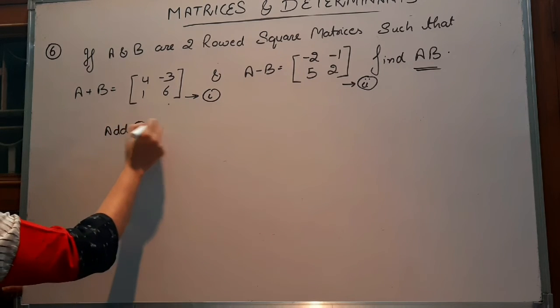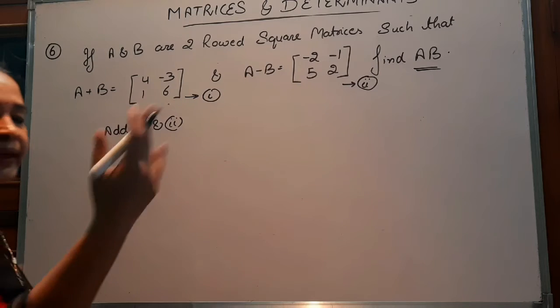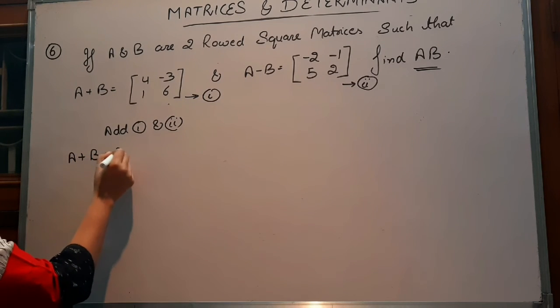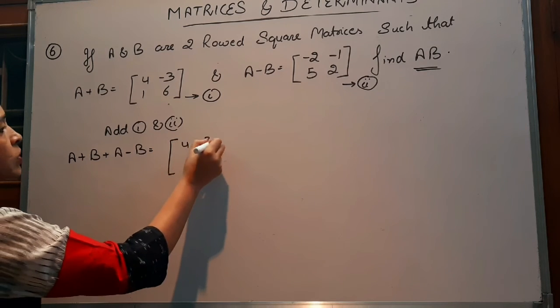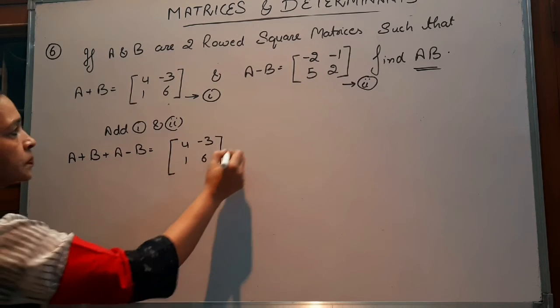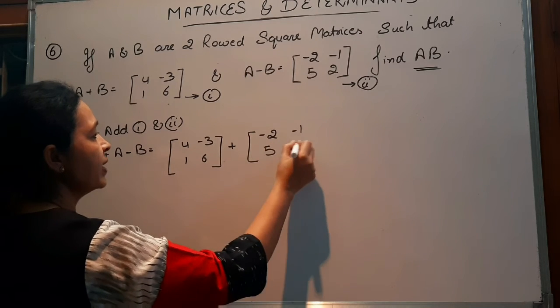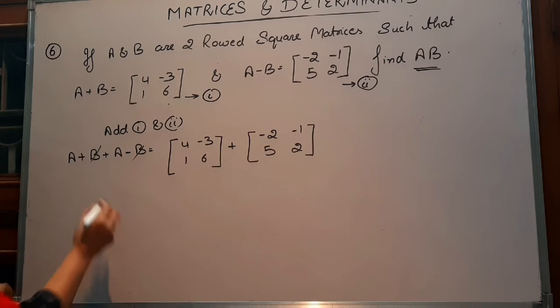Add 1 and 2, left hand side to the left hand side and right hand side to the right hand side. A plus B plus A minus B equals 4, minus 3, 1, 6 plus minus 2, minus 1, 5 and 2. Minus B plus B cancelled.